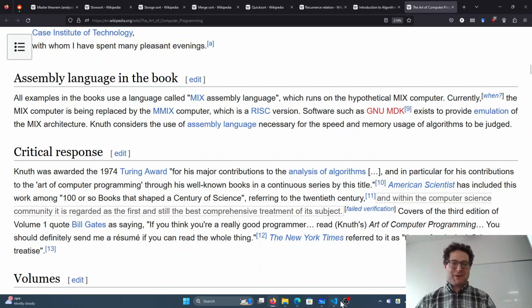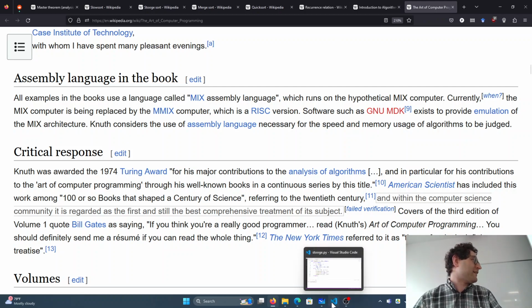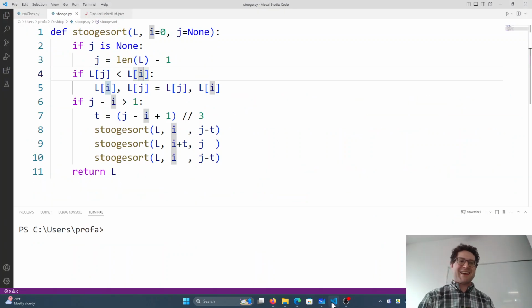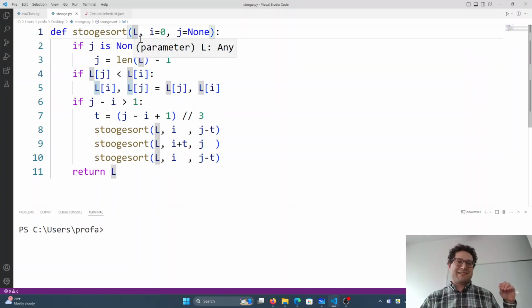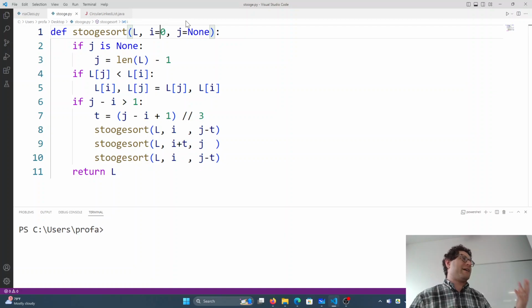So anyway, while you were all doing this, I was working on a brand new sorting algorithm. Brand new, obviously not, but hey, it's a good story. I've created this algorithm, and let me translate it for you. It takes in a list, and its default parameters are i equal to 0, j equal to None.